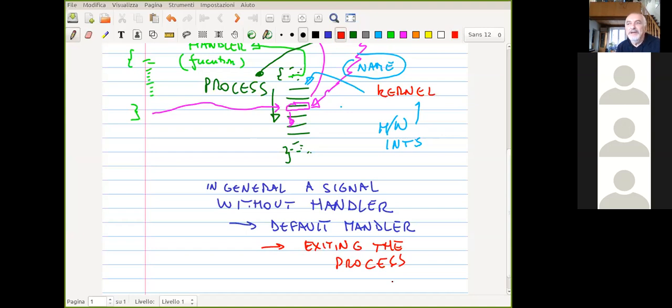So you forgot to write a handler, or you could not foresee that some signal may be activated. So to be sure, if you receive a signal and you do not handle the signal, in most cases, you will see the difference in which are the cases, the process exits with error.